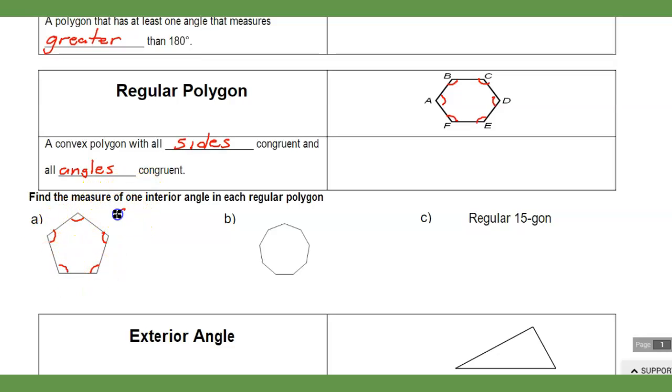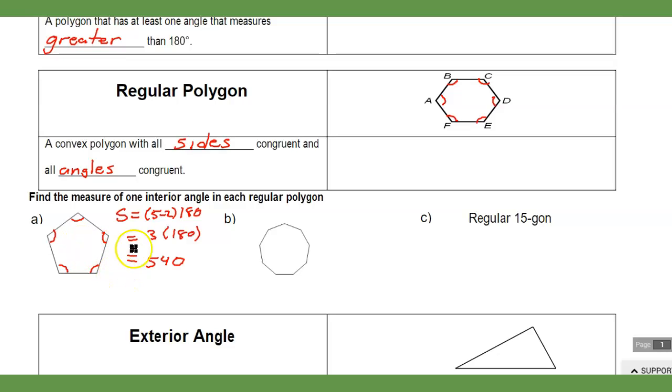Then we can say, well, they all add up to the same amount, which is going to be 5 minus 2 times 180, okay, which we saw yesterday. 3 times 180, which equals 540 degrees for the whole polygon, right?